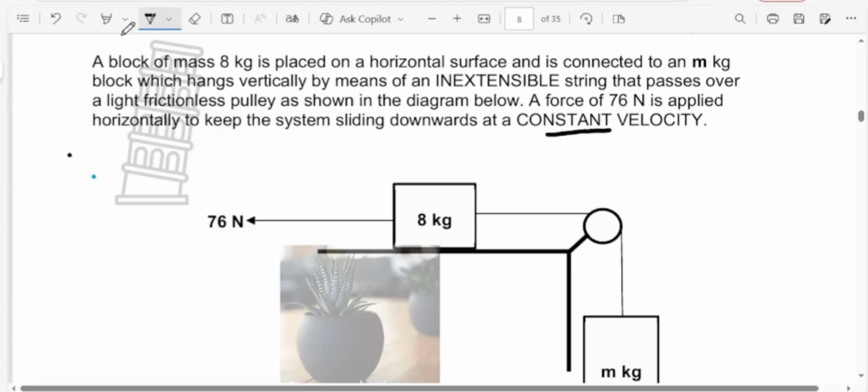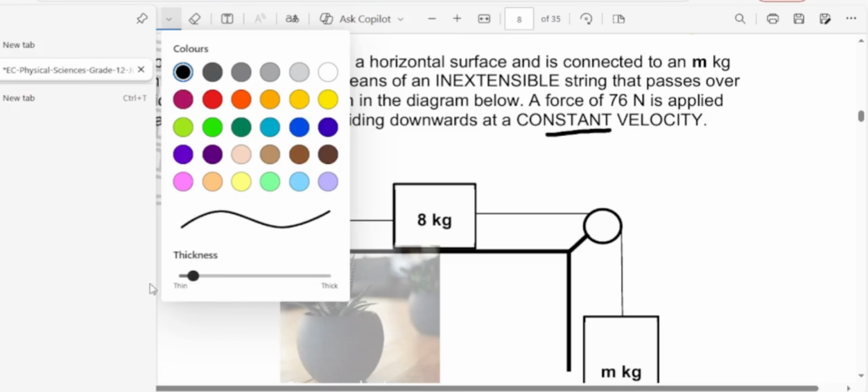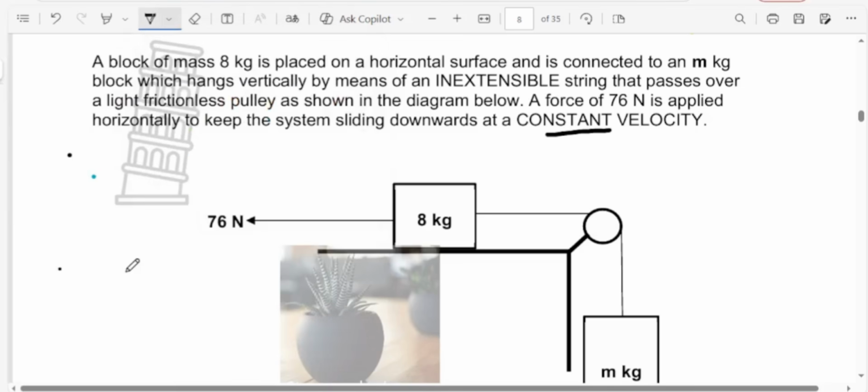Constant velocity means that our acceleration is 0, which is the first thing you need to note before you do any calculations. The reason they write it in bold is for you to know that the acceleration is 0 meters per second squared. If you miss this information, you're going to have a very big problem.